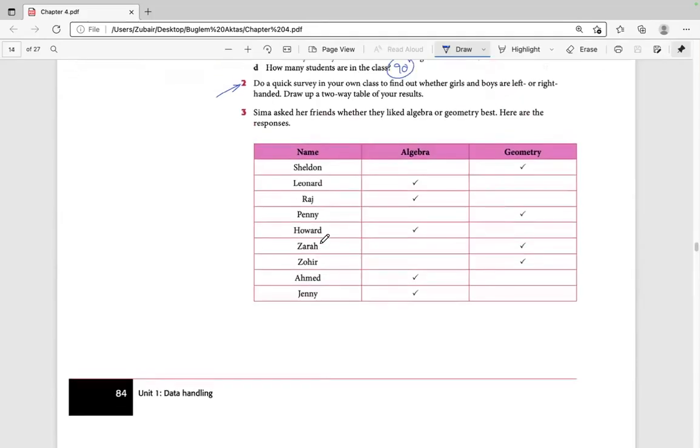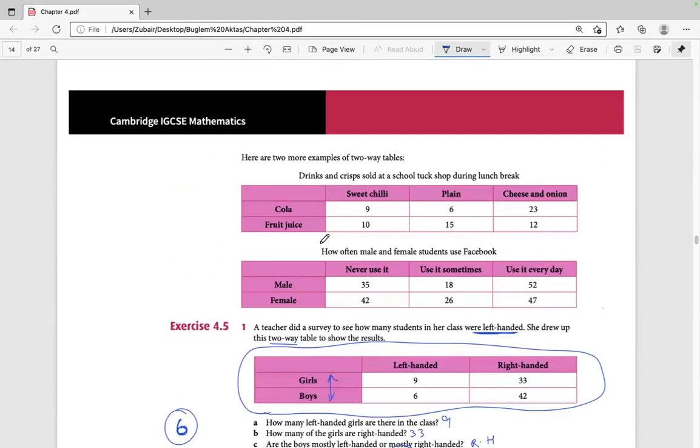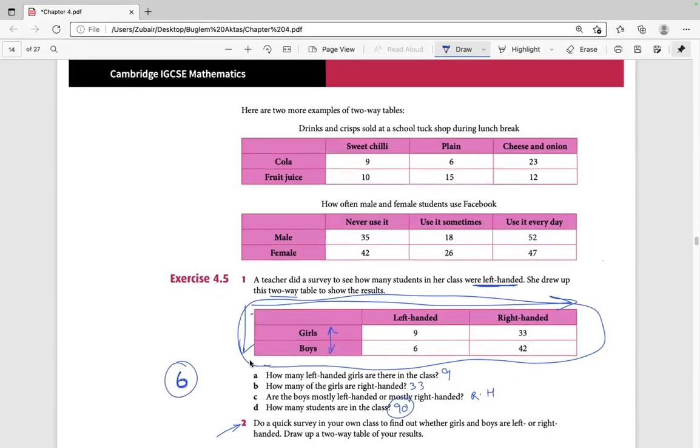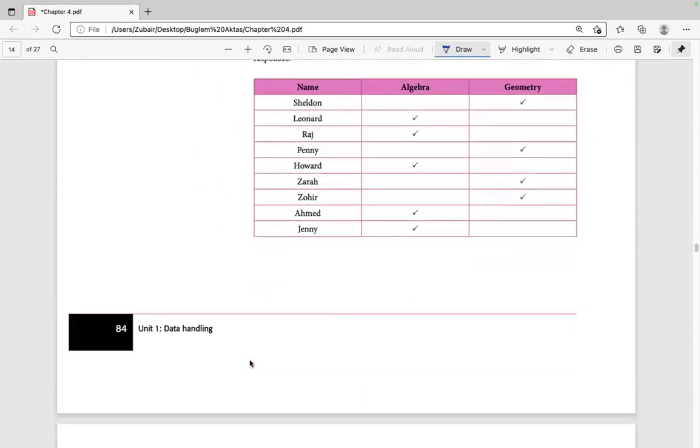So when we have to draw a two-way table, as discussed earlier, we should have four different options, or we may have more than four options, and we may say one is horizontal and the other is vertical. Horizontal headings and vertical headings. So left-handed and right-handed, here we have algebra and geometry.